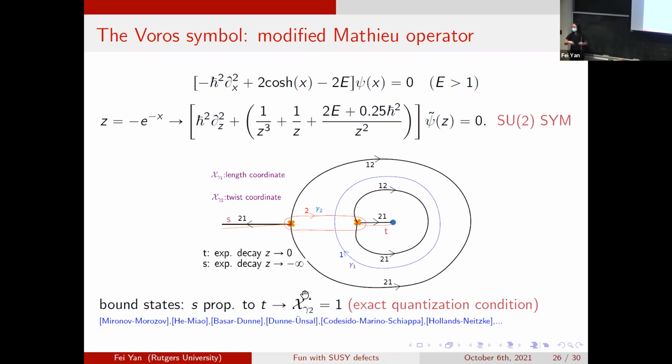Setting this back into the Voros symbol expression, this translates to one of the Voros symbols being equal to 1. And this Voros symbol will depend on energy in a certain way. So by reversing this relation, you get the values of energies where these bound states appear. So that's a generic procedure for you to study the quantization condition.